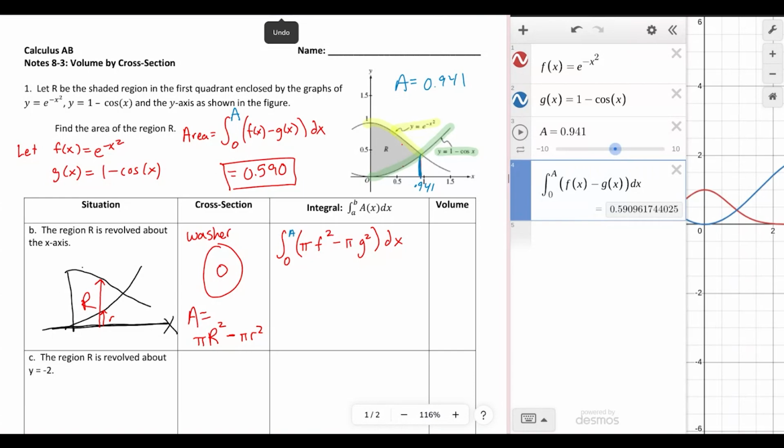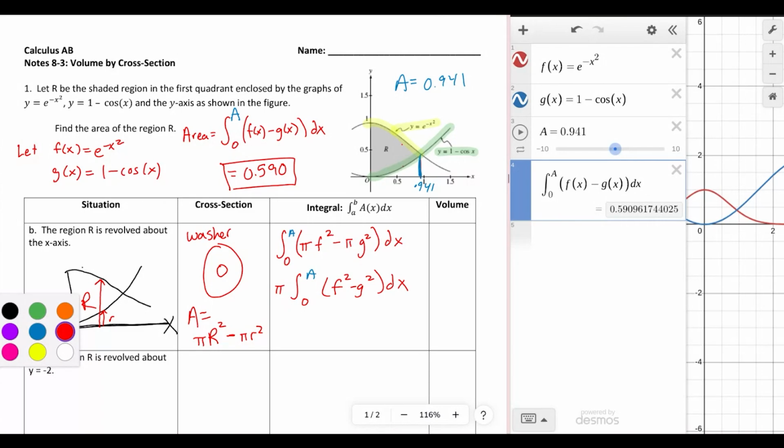So in other words, you could rewrite this as pi times the integral from 0 to a of that top function squared minus the bottom function squared. It's really the same thing, but I just want to show you a different way that you might see this written out with that pi factored out. But it's still coming from the whole pi r squared minus pi r squared thing.